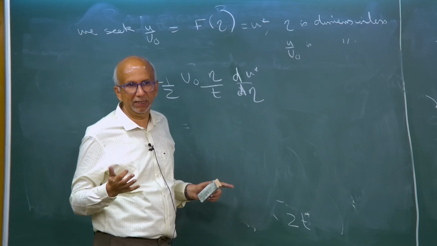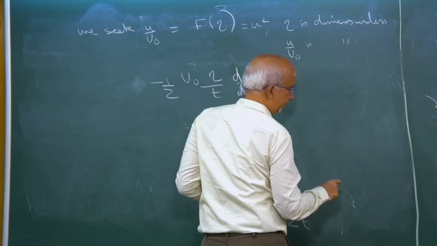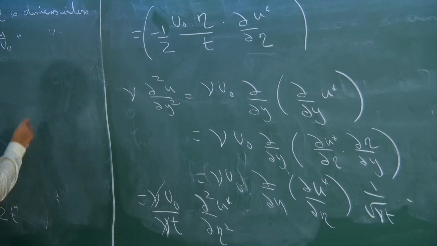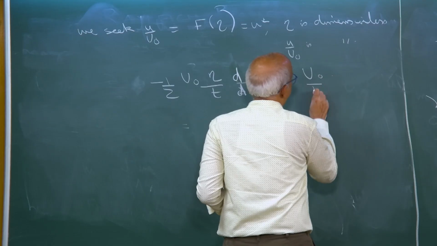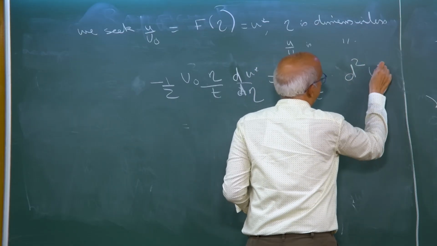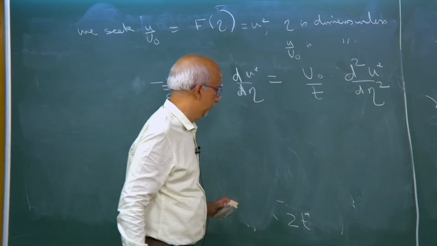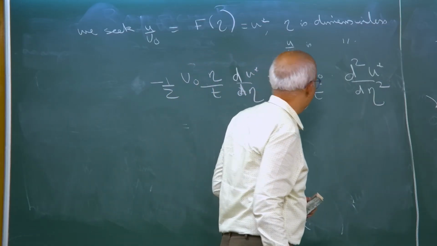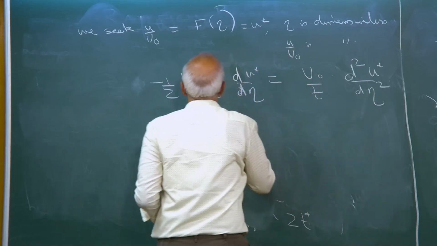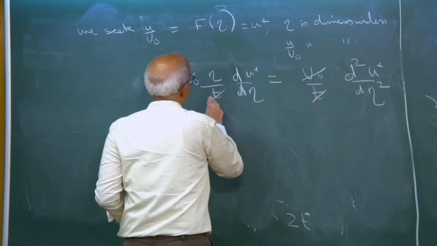So, it is not a partial derivative anymore, equals u naught by t d squared u star by d eta squared. And so, this u naught cancels off, and this t cancels off with this t.